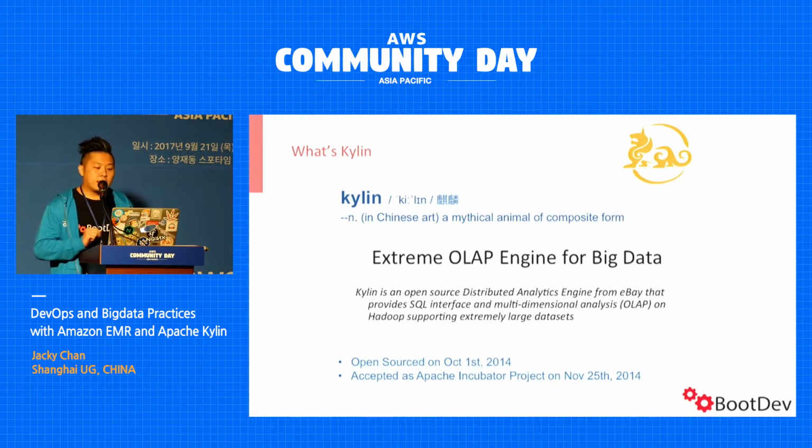Okay, and Kylin is one of the open source OLAP engines for big data. It originated from eBay and was contributed to the Apache Foundation, and it is actually the first Apache project inside China.